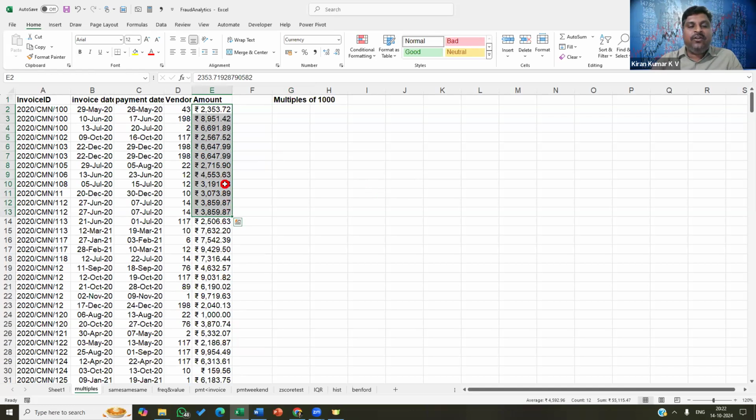So there cannot be transactions with multiples of 1,000. If there is any transaction with a multiple of 1,000, for example, I see here a 1,000 rupee transaction, this is an anomaly. This has the potential to be a fraudulent transaction.